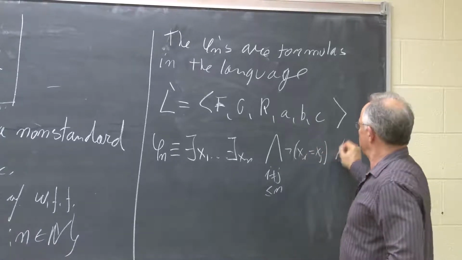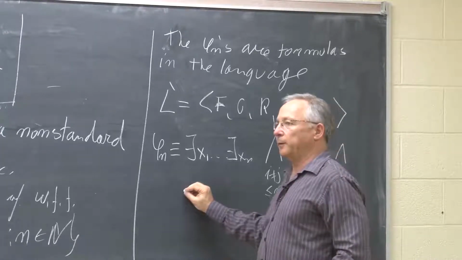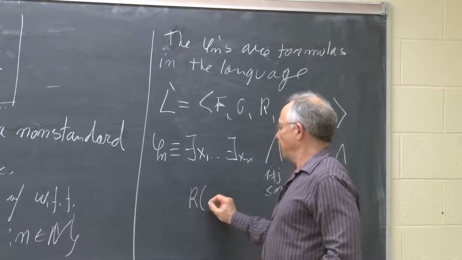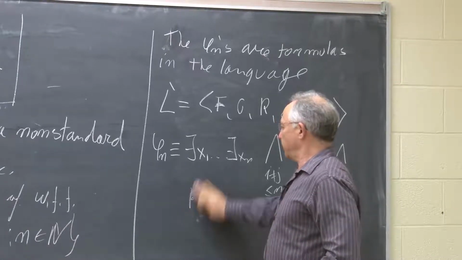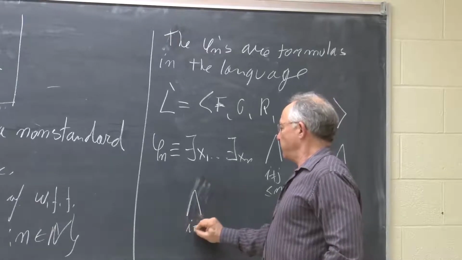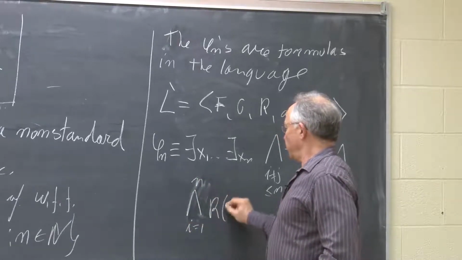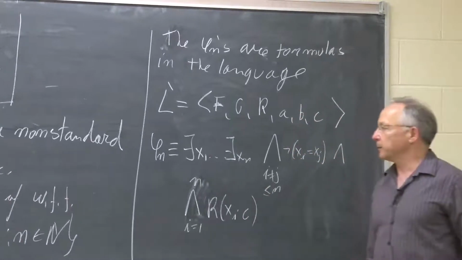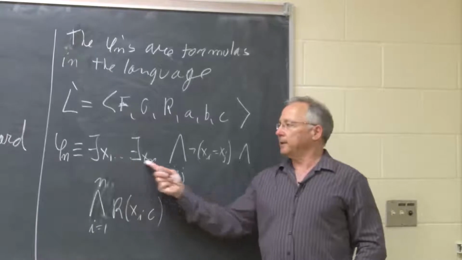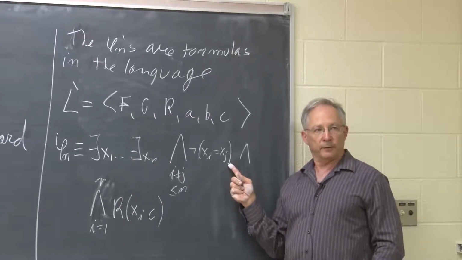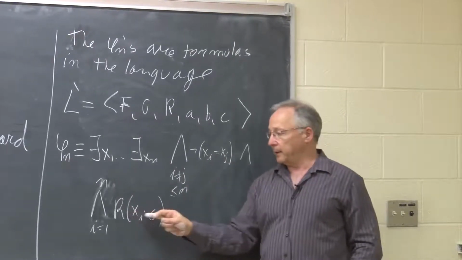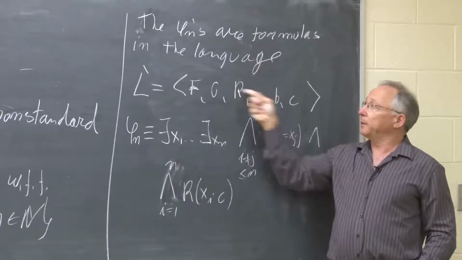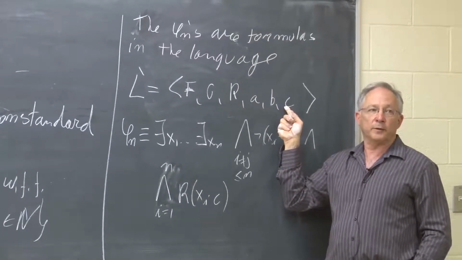And on top of it, the formula will require that R of xi, c, for all i, so let's write it like this, i goes from 1 to n, R of xi, c. So that's my formula. So what does the formula say? It says there exist n elements, they're all different, and each of them is less than c. I can write it because c is now a member of my new language, so I can write formulas using c.